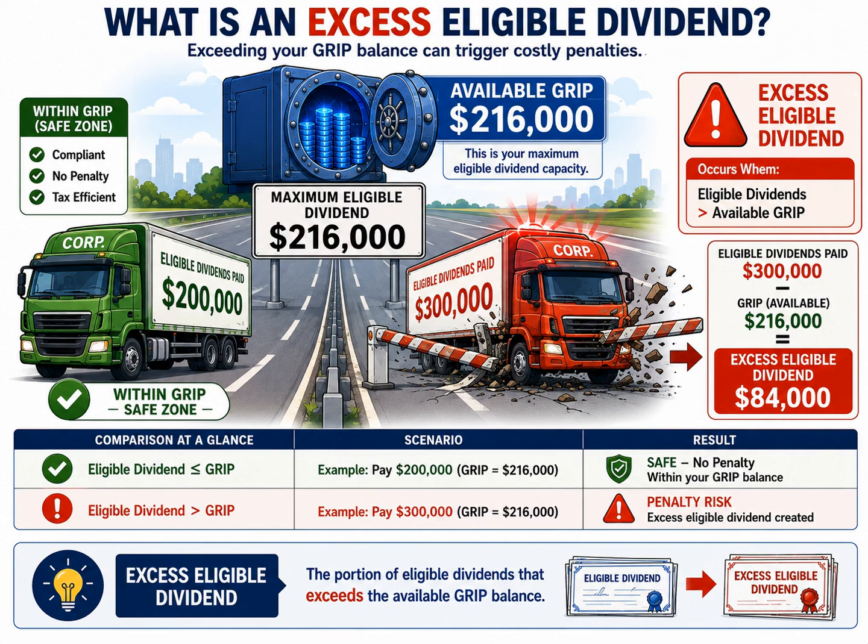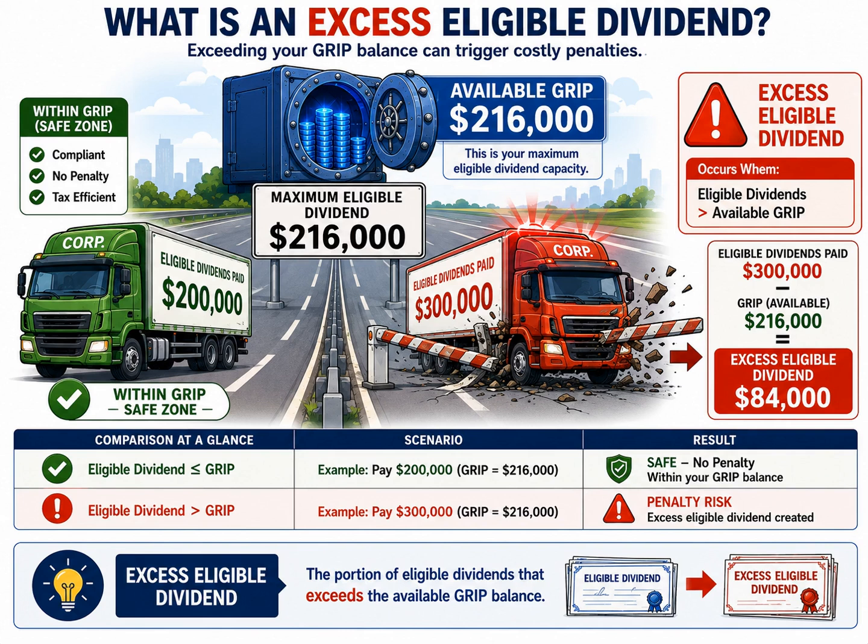Now let's look at the right side of the slide. Suppose the corporation declares $300,000 of eligible dividends instead. The problem is that the corporation only has $216,000 of GRIP available. As a result, part of the dividend exceeds the corporation's eligible dividend capacity.